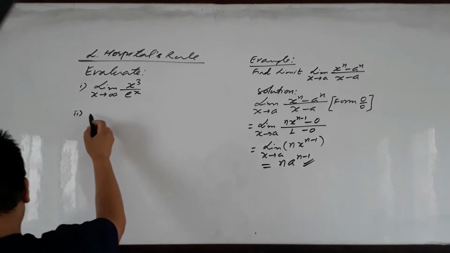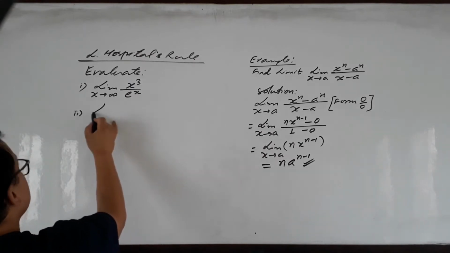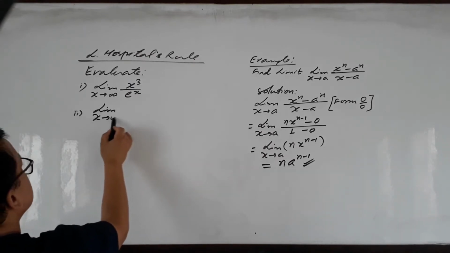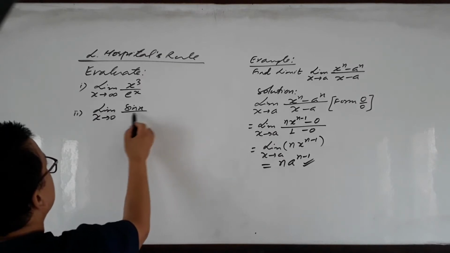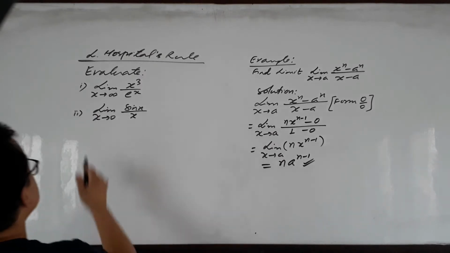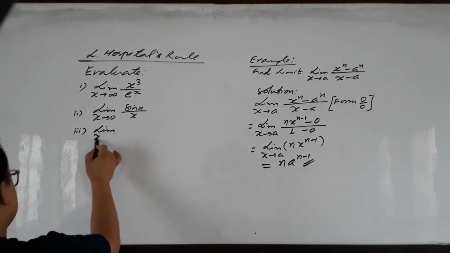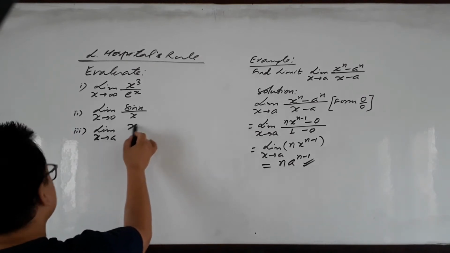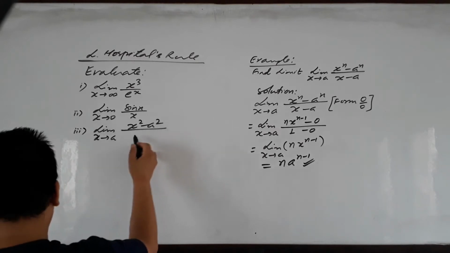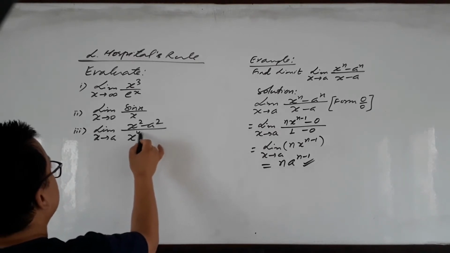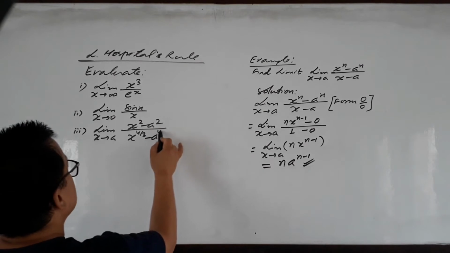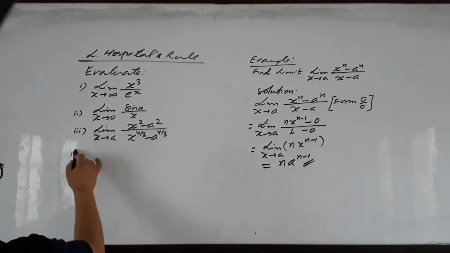And then the second question: limit as x tends to a of x squared minus a squared over x raised to power 4 by 3 minus a raised to power 4 by 3. I'm taking first simple questions, and gradually I will take harder ones.